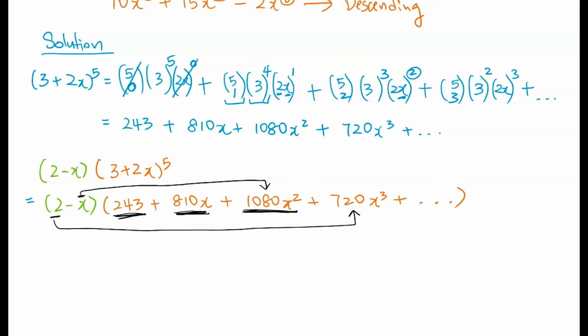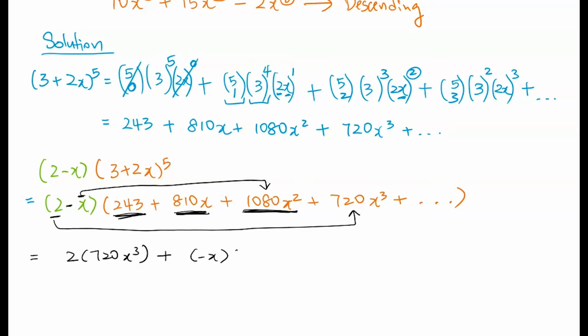So in other words, instead of doing all the multiplication, I only need to do 2 multiplications: I take 2 multiplied with 720x cubed, and I take my x multiplied with 1080x squared. In fact, this is a negative x, so I take my negative x because of this negative sign here.